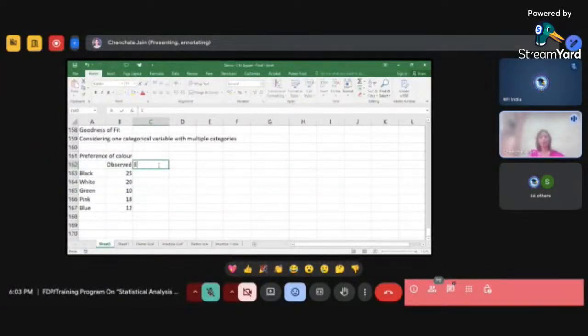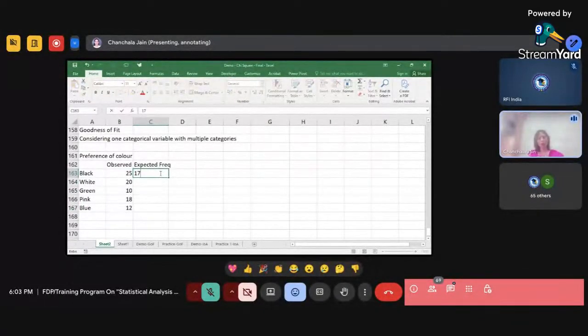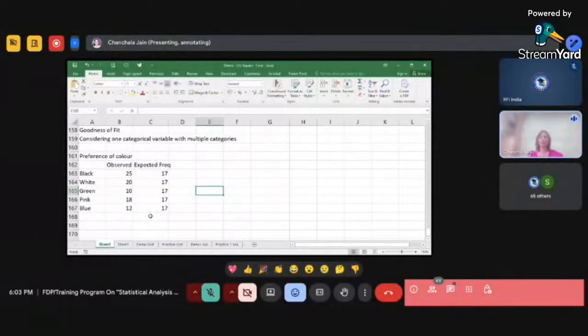Now I need to compare this with the expected frequency. I expect the count to be the same for all 5 categories. The sum is 85, and 85 divided by 5 is 17. So I expect 17, 17, 17 for all the categories. I want to see the uniformity of frequencies. Is it clear?